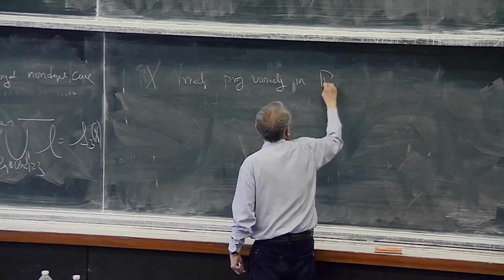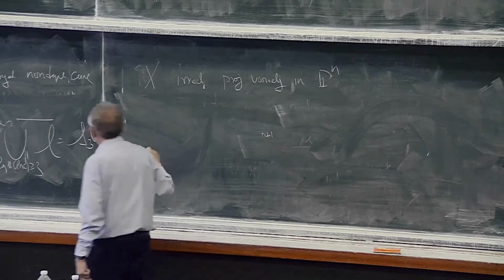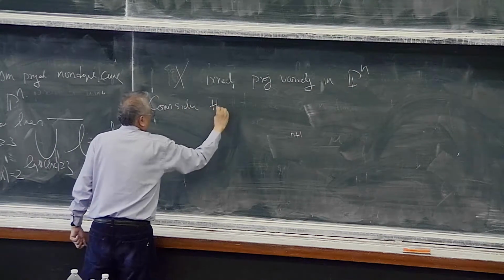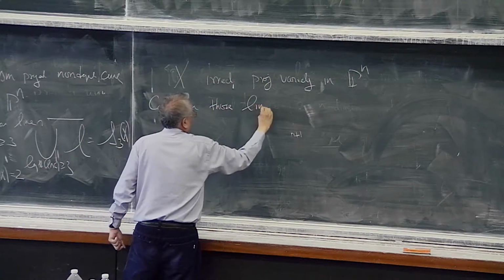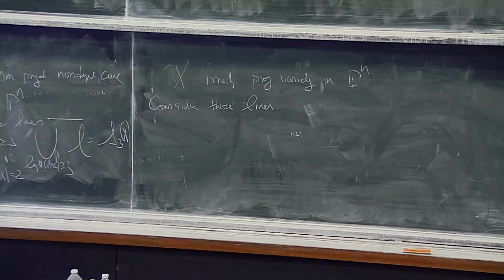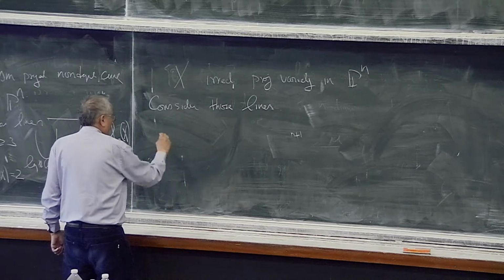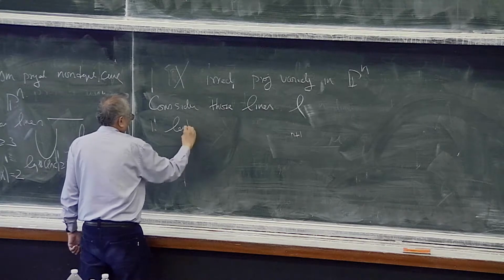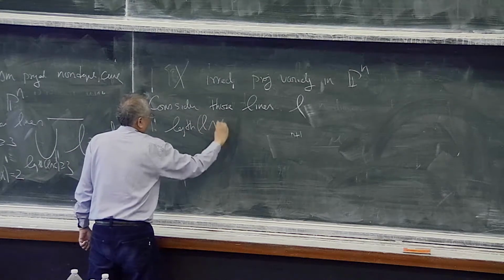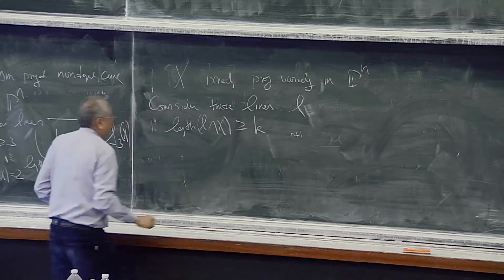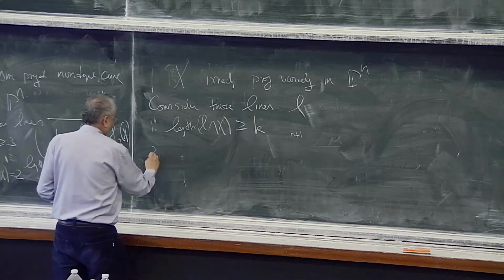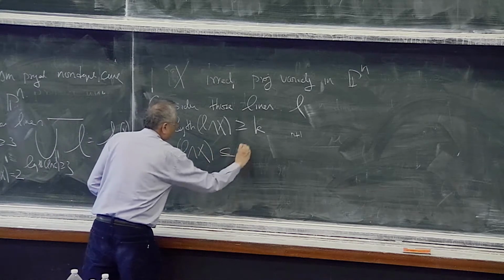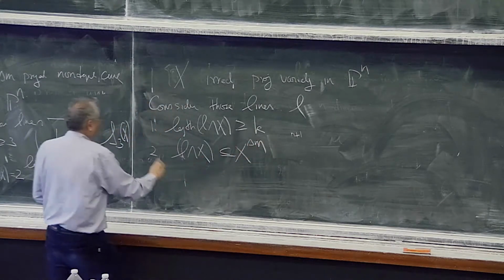I consider those lines L such that, one, the length of L intersect X is greater or equal to k, and two, L intersect X is sitting inside the smooth part of X. Let me call this star.